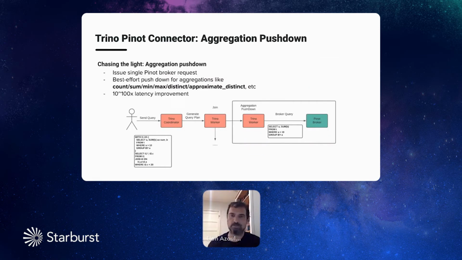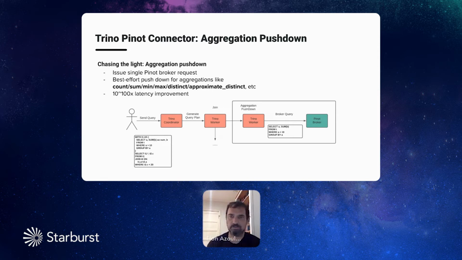The first advantage of a broker query is that we can do pushdown. Aggregation pushdown could make the difference between milliseconds and minutes, including Pinot servers crashing due to selecting all the rows and then transporting them to Trino, where instead you can just use the star-tree indexes, for example, to get the pre-aggregated values, similar to what Xiangfu mentioned.